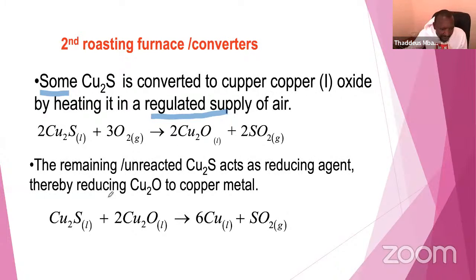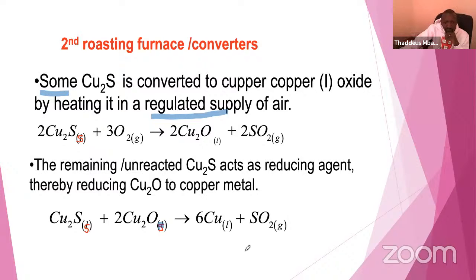And by the way, everything is a solid here except the final copper. The copper 1 sulfide should be a solid, this one should be a solid, this one should also be a solid. But the final copper formed should be a liquid.